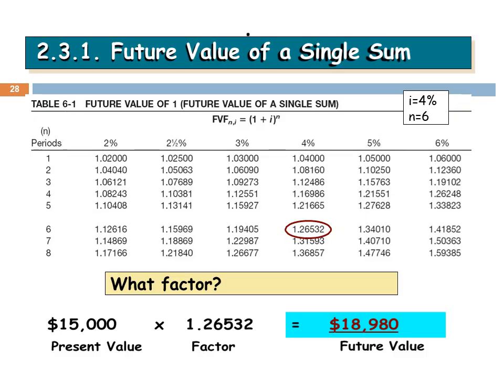Our m is 2 times t, which is 3, so 1.04 to the power of 6 times 15,000. It becomes 18,980.